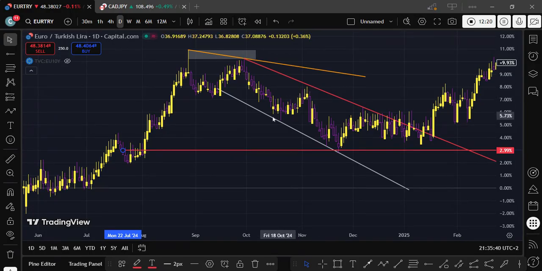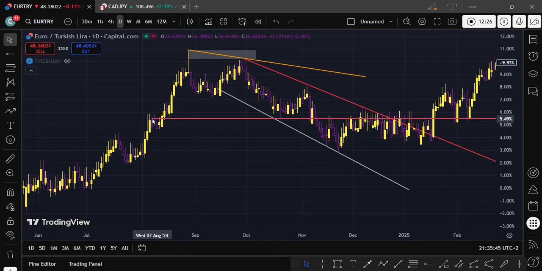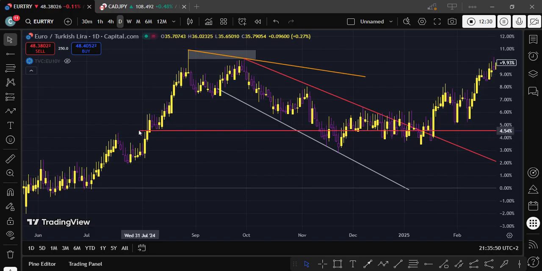And on that side, this pullback was created by that volatility index. So at the moment, I'm expecting the market to at least manipulate this order block here and drop to the trend line. Once we get our first touch or our second touch on this trend line, I'll be taking profit.